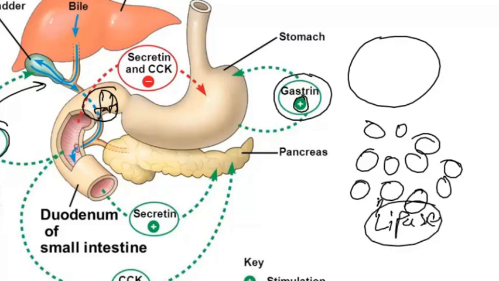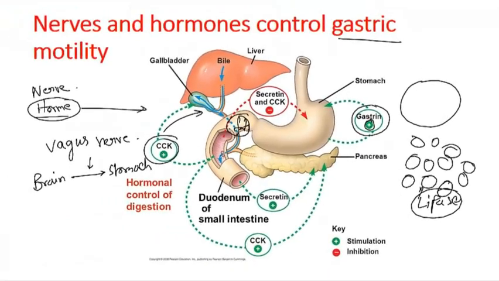Now both the hormone secretin as well as the nerves elicit a response that helps the duodenum contain the acidic content inside. And different hypertonic solutions in the duodenum, as I told you earlier, also elicit a response, but the precise mechanism is not fully understood.